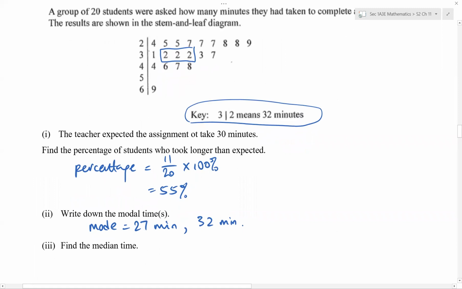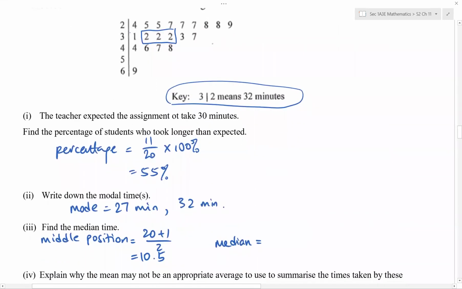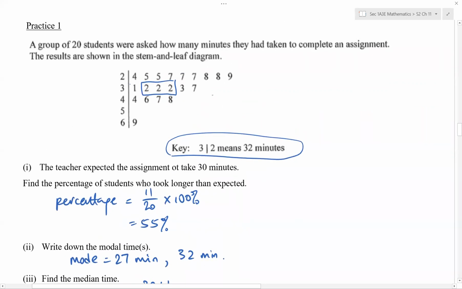The median time, so find the middle position. 20 students altogether, plus 1 over 2. We are looking at position number 10.5. Okay, start counting. From the smallest value, we want to find position number 10. Position number 1, 2, 3, 4, 5, 6, 7, 8, 9.